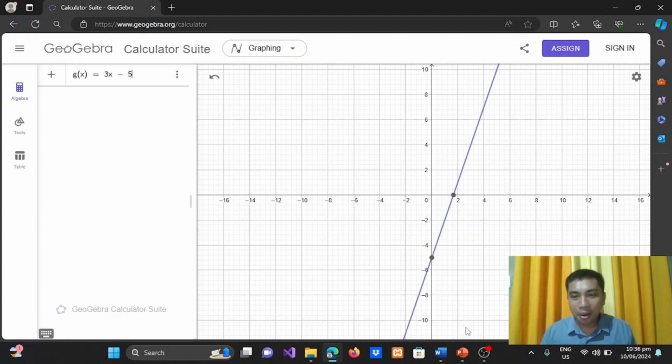Okay, so here it goes. This is the graph. This is the result. G of x equals 3x minus 5. So with GeoGebra, it is very easy for you to graph the given function. There's no hassle and all. GeoGebra is really useful nowadays.